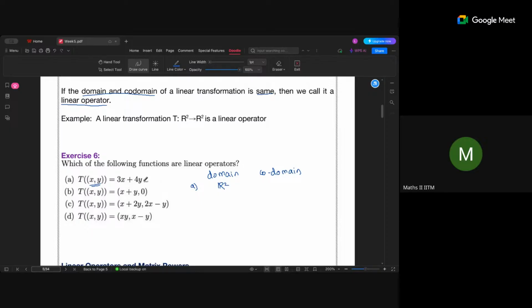Is this an element of R2? It is just 3x plus 4y, which means it is just a number. So where is the number lying?